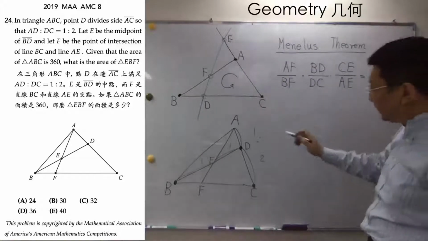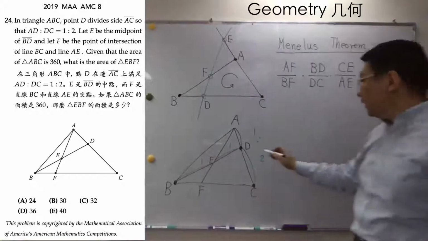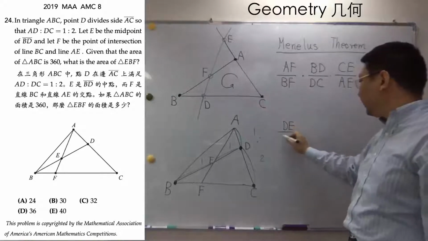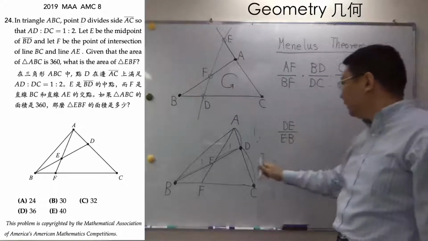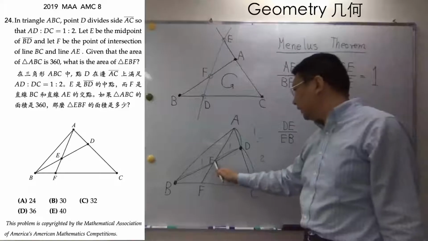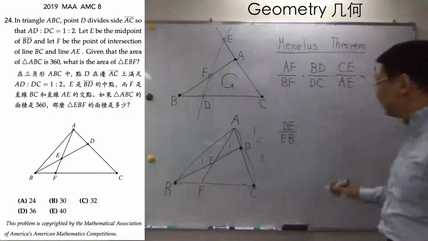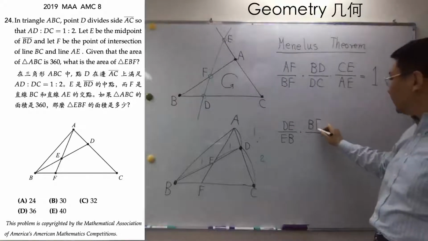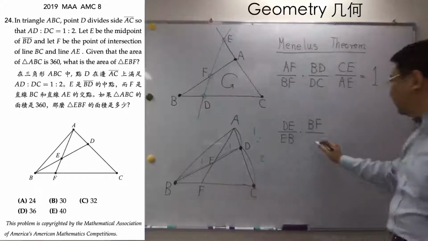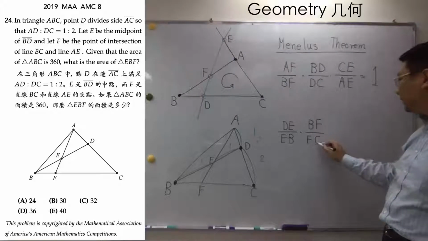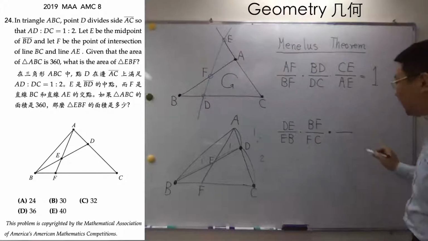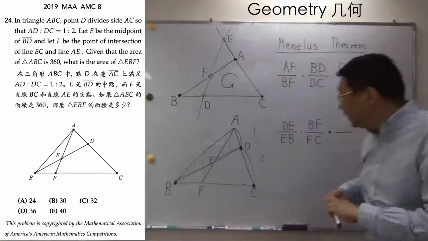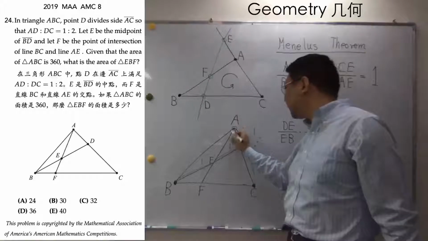Okay, let's apply this Menelaus theorem. What do we have? Starting from D, we will have DE over EB, right? Vertices to the intersection point, then intersection point to the vertices. So next, it would be B to the intersection point F, and then from the intersection point F to the next vertex C. And the next ratio would be a little bit tricky. Maybe to make things clear, I draw the intersection point again.